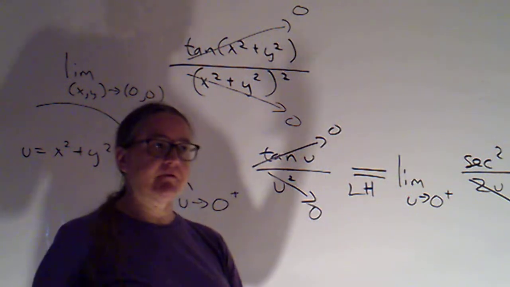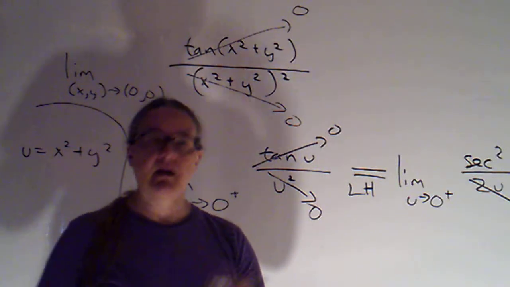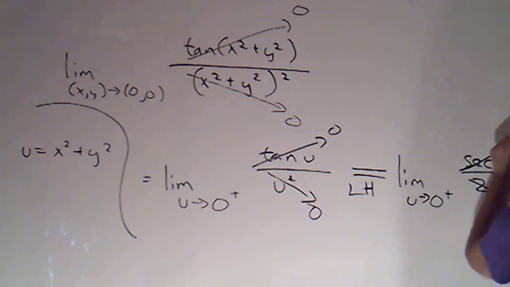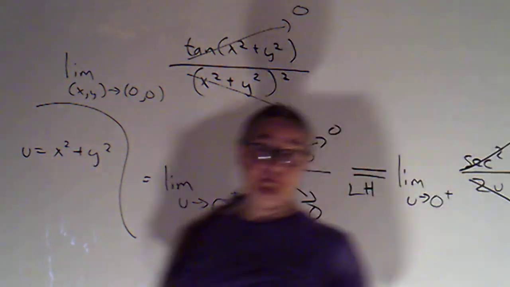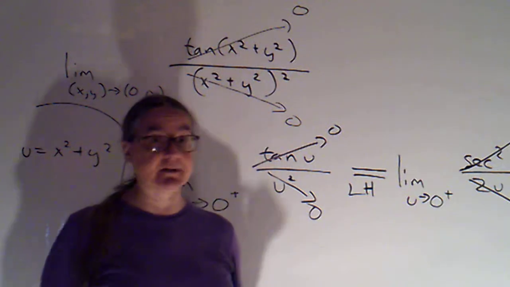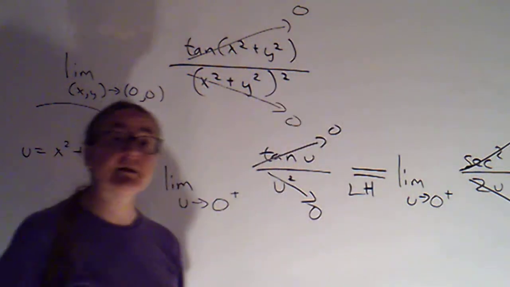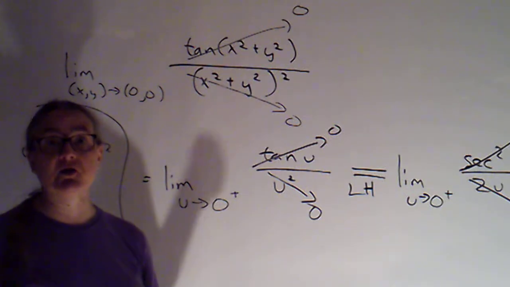Secant is the reciprocal cosine. Cosine of 0 is 1. So secant of 0 is 1, and 1 squared is 1. So the top is going to 1. That's not an indeterminate form. I cannot use L'Hopital's rule a second time. Now, I've got 0 in the denominator, but not in the numerator.